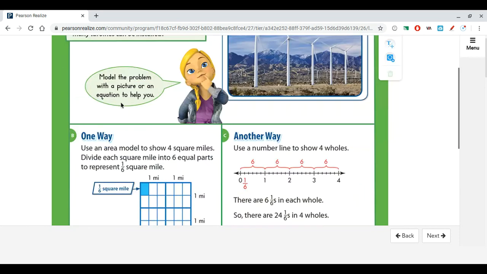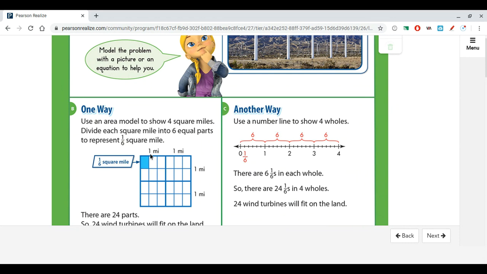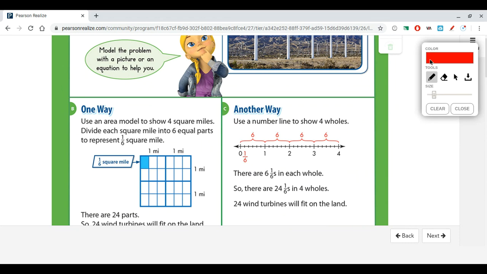So if we look at the modeling of the picture, I have 4 square miles. So that's going to be our dividend. So if I write it as my division equation, I have 4 square miles. And each of those square miles is going to be divided into 1/6 for the turbines. And so I want to know how many turbines I can fit in that 4 square miles.